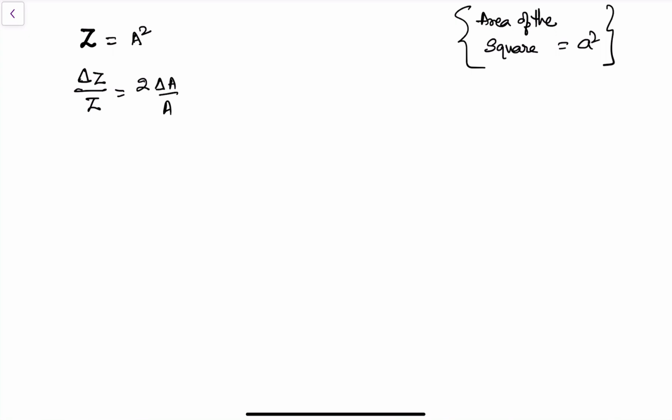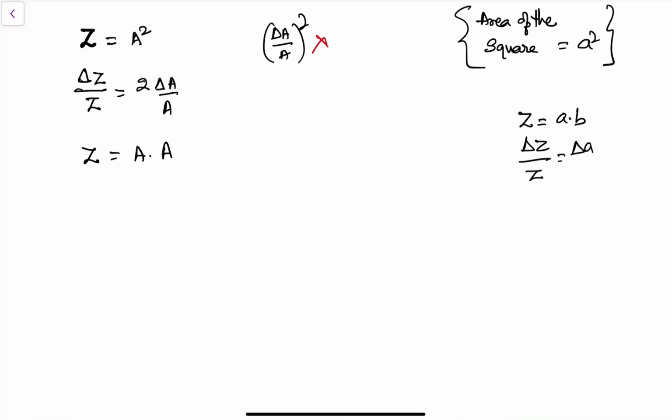If you write it as delta a by a whole square, it is wrong. What is the meaning of this? z is equal to a into a. Just imagine z is equal to a into b, delta z by z is equal to delta a by a plus delta b by b.